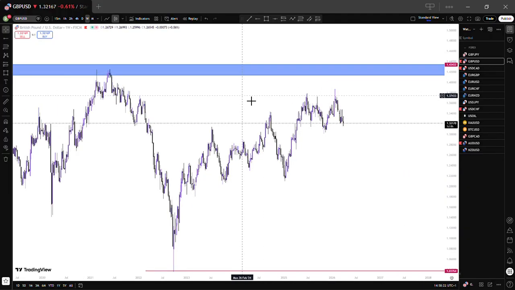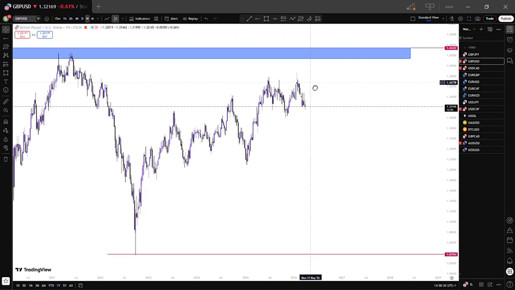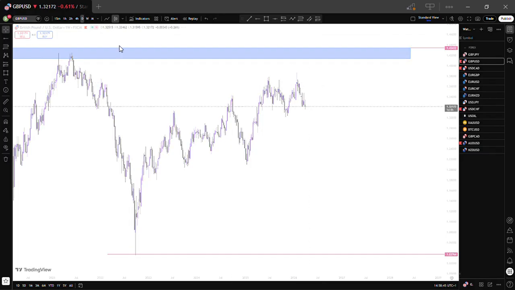So when price rallies back into this zone, we're expecting price to drop down to the downside, which is majorly what we're here to do on the weekly time frame: mark out relevant zones, because whatever zone you mark out on the weekly time frame is most likely going to hold. Now from the weekly time frame, we go down to the daily time frame.